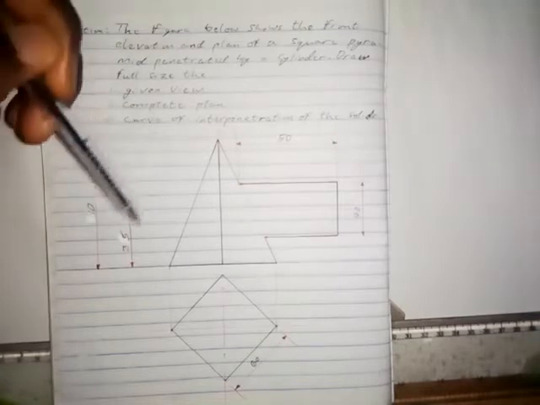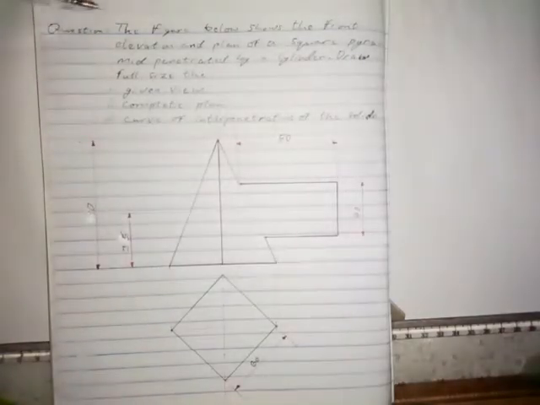Now, the question you have on the screen has to do with the interpenetration of a cylinder with a square pyramid. Let's look at what the instructions say so that we know what we are going to do with this diagram. The figure below shows the front elevation and plan of a square pyramid penetrated by a cylinder.